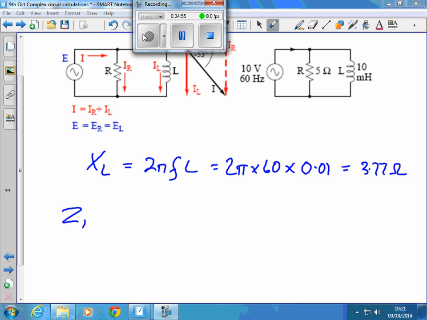ZT is equal to, what's the easiest thing to use here, do you reckon? Product over sum. So remembering we've got to use complex quantities, R is 5. There is no J part.